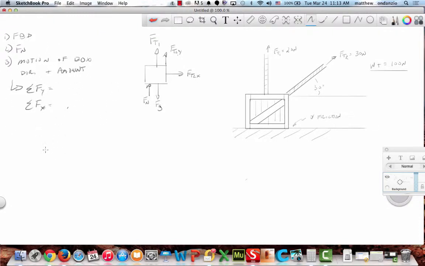So which direction does Fn work, x or y? Y. So let's set up our sum of the forces in the y. And what are our forces? Give it to me in variables first. Always do this in variables first. Don't plug any numbers in yet. FT1 plus Fn plus FT2y plus Fg.